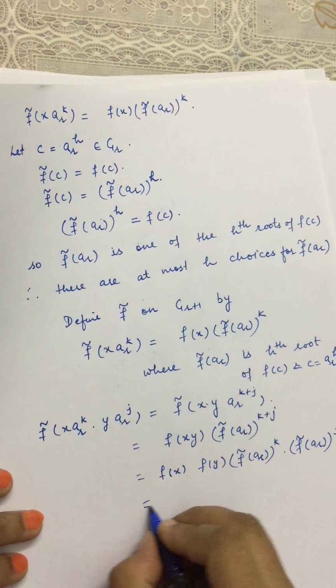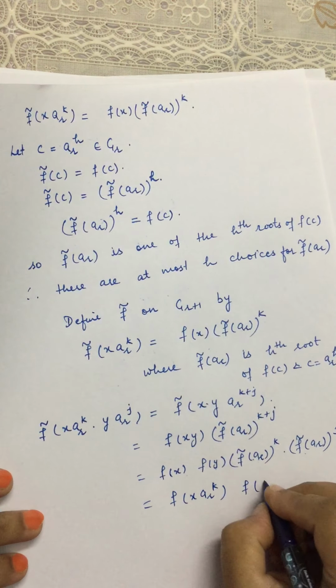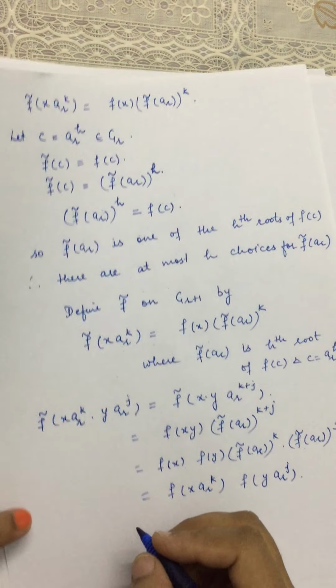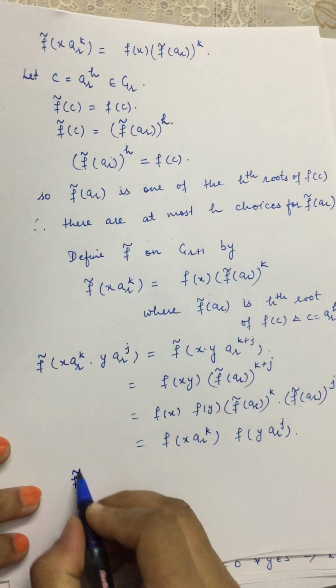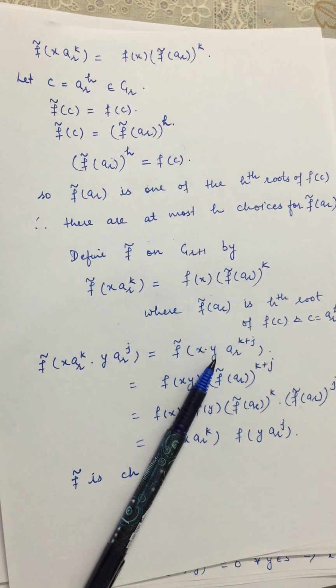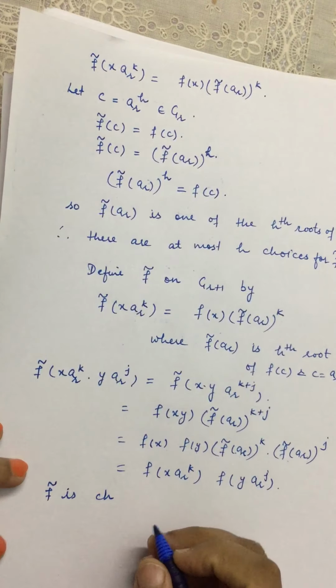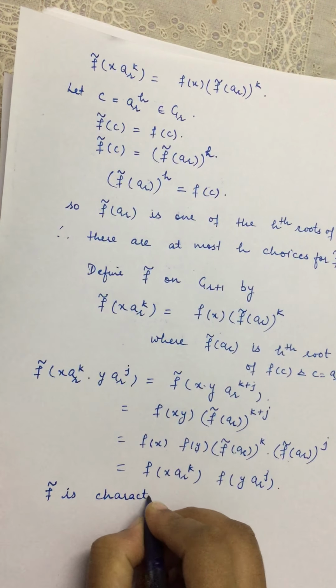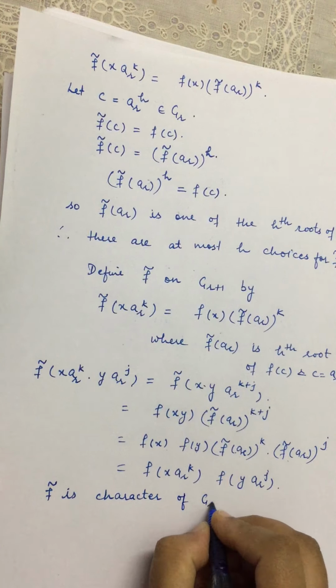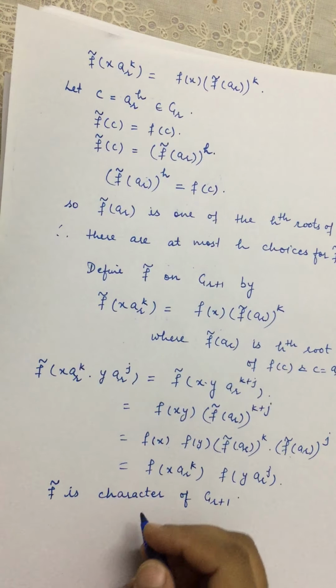So the product of these two can be written as f of x AR k, and the product of these two can be written as f of y AR j. So this is multiplicative. It means f curl is a character, and the non-vanishing property can be proved by f. F curl has the non-vanishing property because f has the non-vanishing property, being a character of GR.